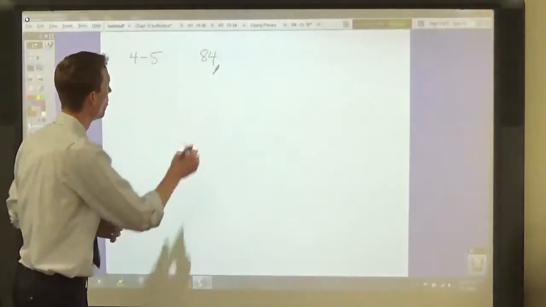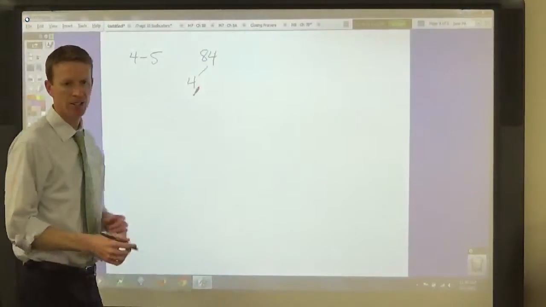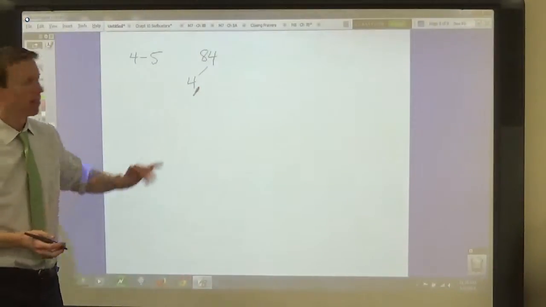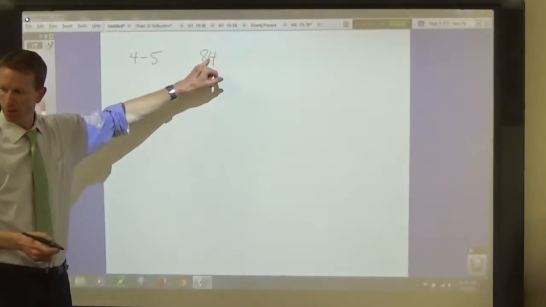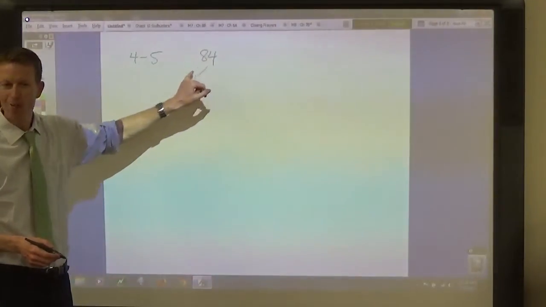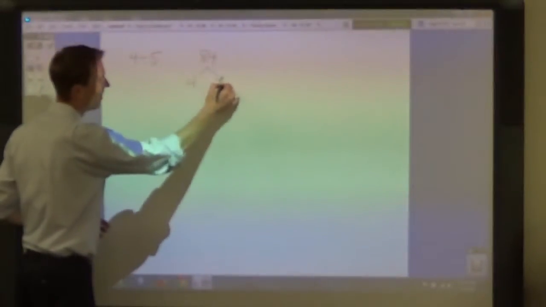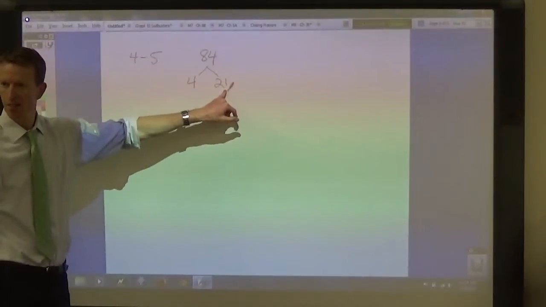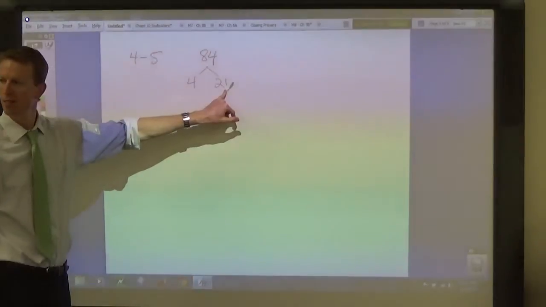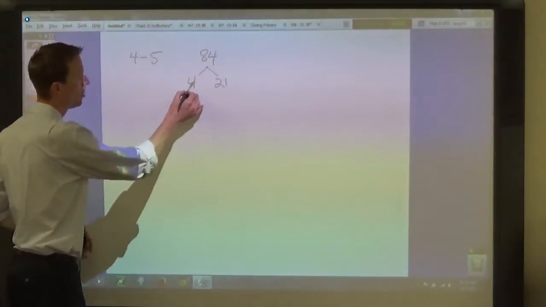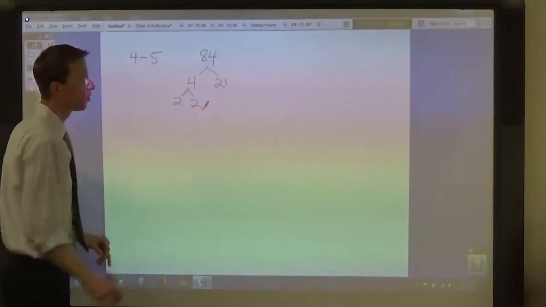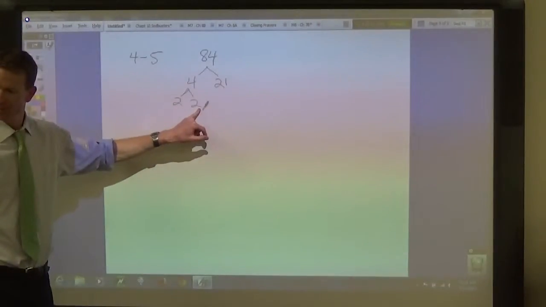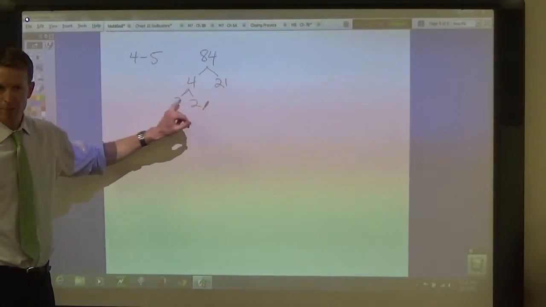Okay, it's divisible by 4. That's one of its factors. How many times does 4 go into 84? 21. Are these prime? No, so we have to keep going. Caleb? 2. 2 is a factor. Are those prime? Yes, they are. So we can stop here.